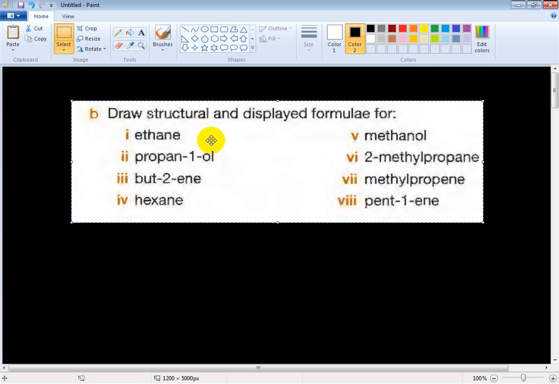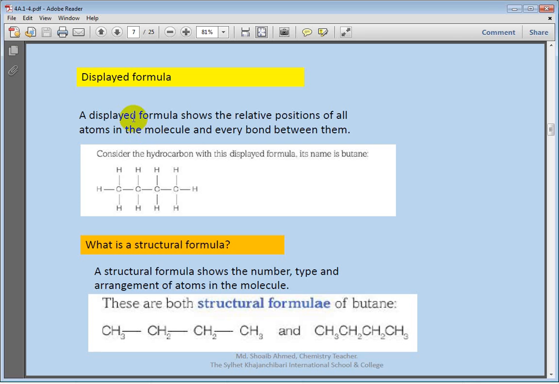Everyone got 16 out of 24. Look, this is a displayed formula. A displayed formula shows the relative position of all atoms in the molecule and also shows every bond between them.